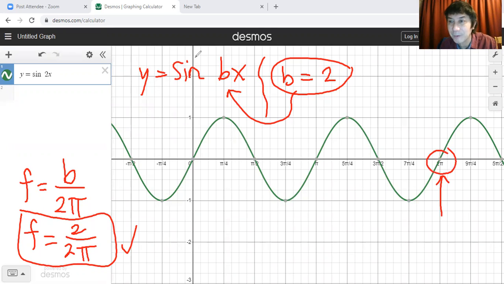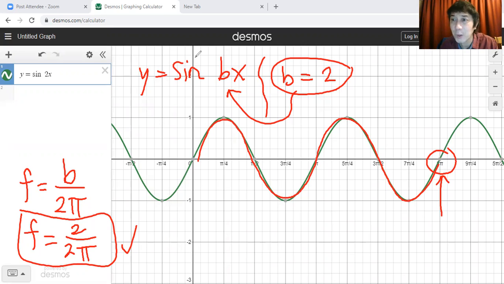You can see that. Now, according to our frequency, it's 2 cycles per 2 pi. So one cycle, another one there. That's the meaning of this particular frequency.